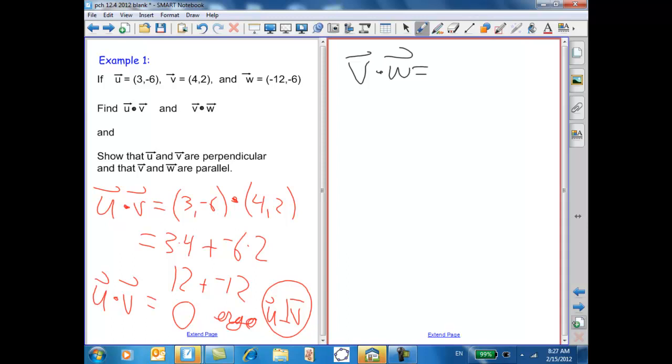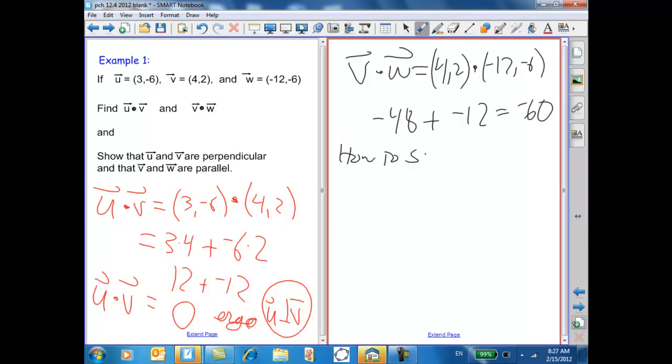V dot W, 4, 2, dotted with negative 12, negative 6. And so you get negative 48 plus negative 12. Negative 60 is hardly 0. Now, how do you show they're parallel? You could draw them and say, oh, look, they look so parallel. Hardly parallel. I mean, hardly perpendicular.